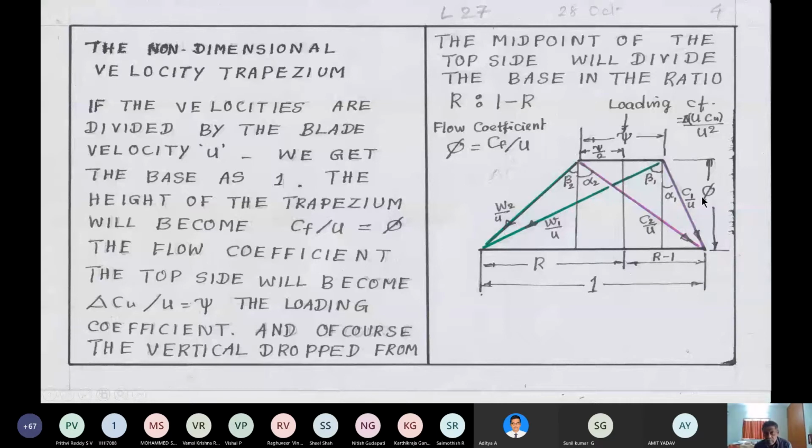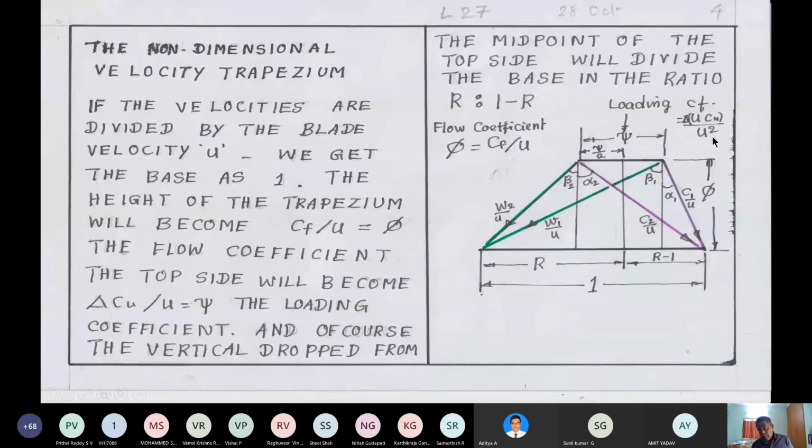Similarly, the top side delta Cu, when you divide by U, will give you another important parameter, psi, the loading coefficient. And when you drop a line from the midpoint of the top side, that will divide the base into R and 1 minus R. This derivation we'll see. It's actually the delta of U Cu by U square that is called the loading coefficient, denoted by psi.